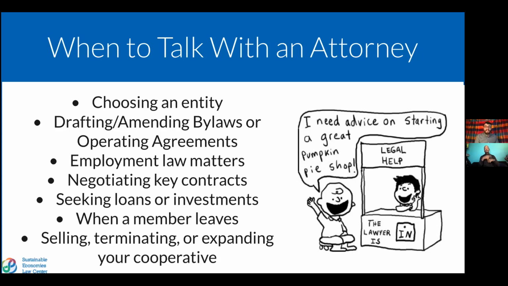Like I said, seeking loans or investments gets really complicated with the law. When a member leaves, especially under difficult circumstances, is a time you'd want to talk to an attorney. And when you want to sell, terminate, or expand your cooperative. These are all key moments in your cooperative's life cycle that you'd probably want to talk to an attorney about. So that's my short introduction into legal entities and when to bring in an attorney to support you.